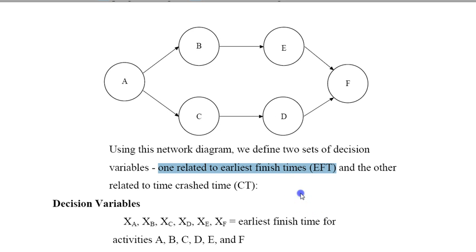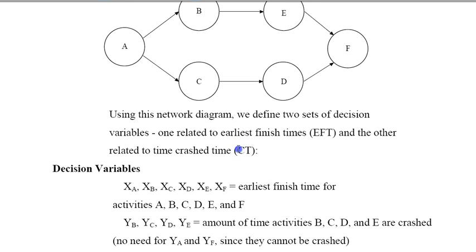And the other one is going to be the crash times, the amount of crashing, how much we're going to crash each activity. These are the decision variables. Their values will help us determine how much to crash each activity. Then we can go back and solve the project the way we did before and end up with a critical path with a minimal cost.